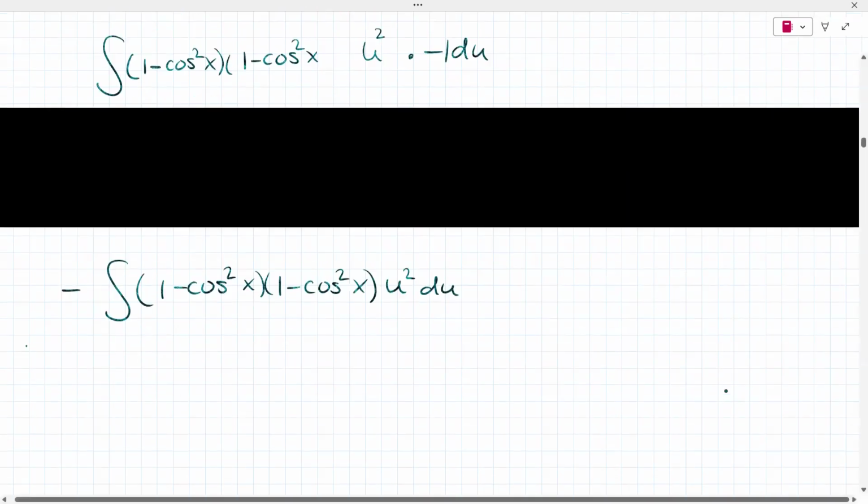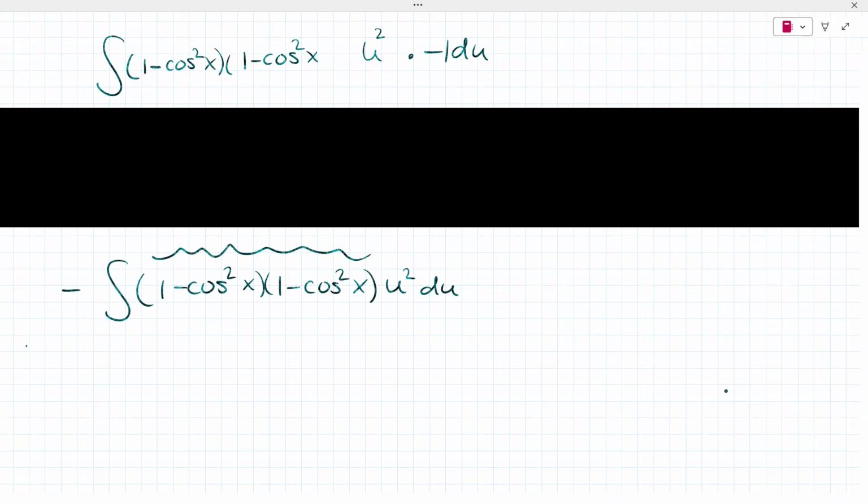Let's clean this up a bit. Right here, 1 minus cosine square x times 1 minus cosine square x, you can rewrite that as 1 minus cosine square of x, squared. And then you have this u squared du.